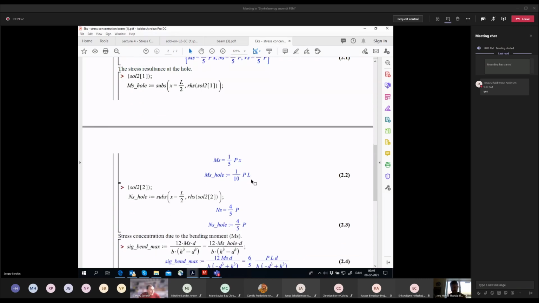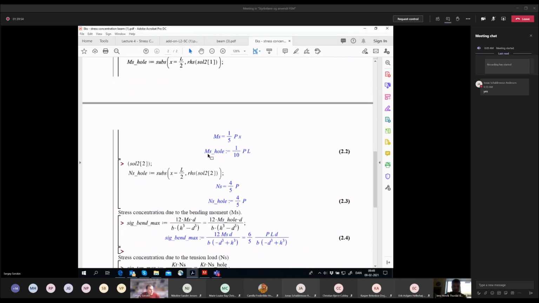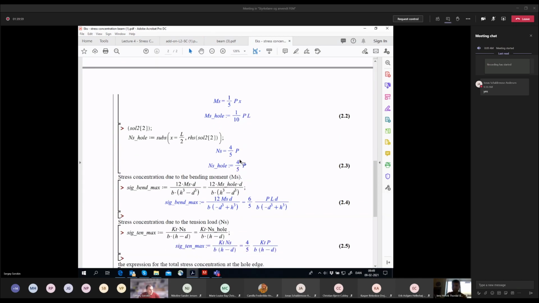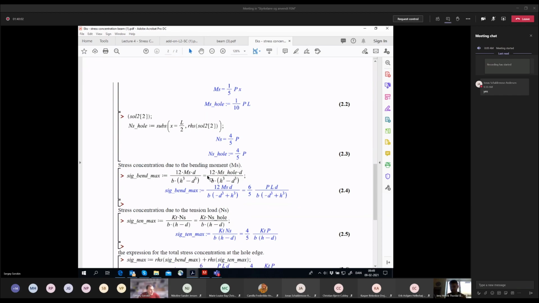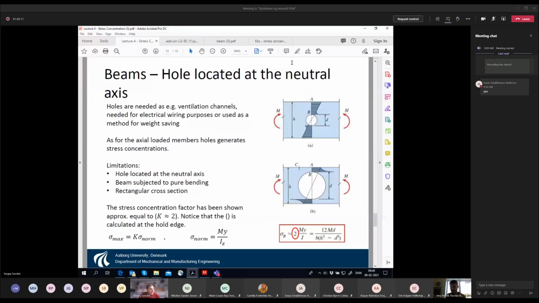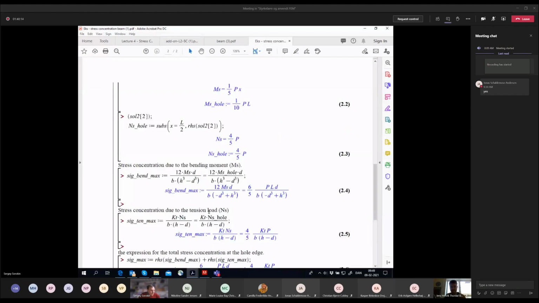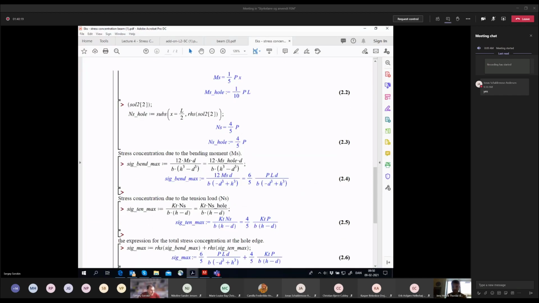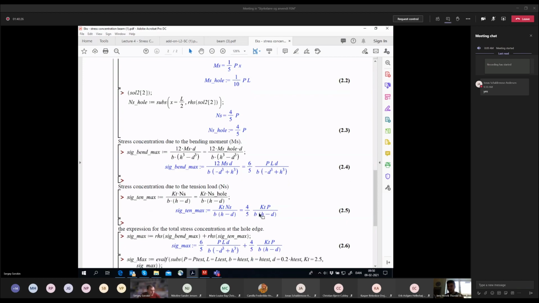So then we know that our moment at the hole is this amount, and our force at the hole is this amount. Then we take the formula from the lecture, and plug our values to obtain this. Then we take the formula for the normal stresses in extension compression, and we obtain this.